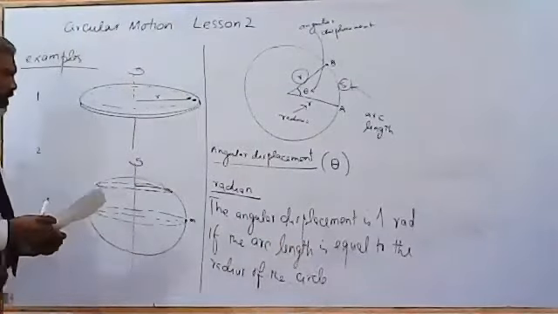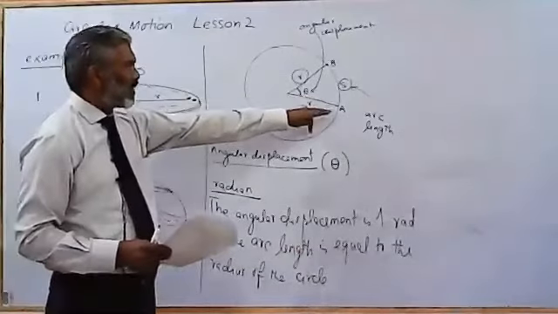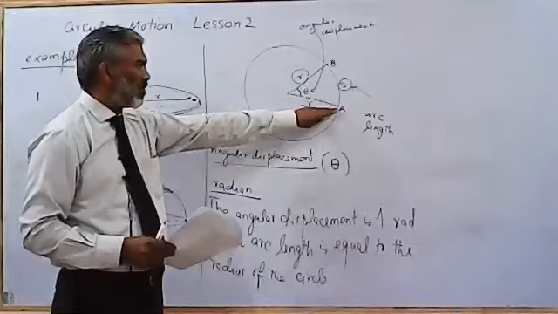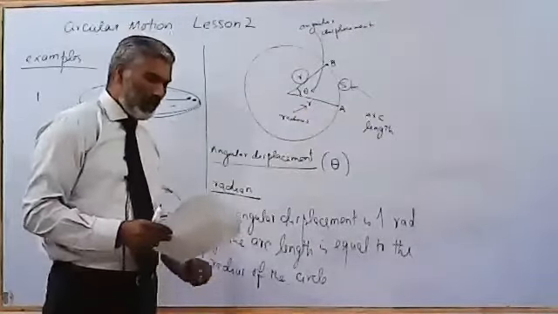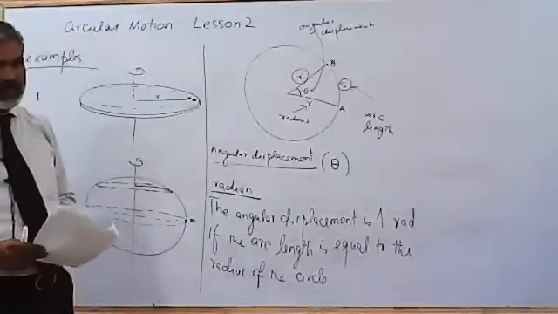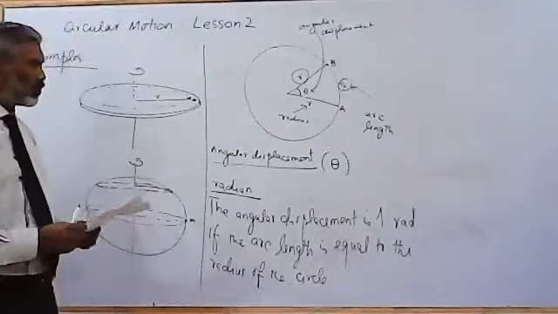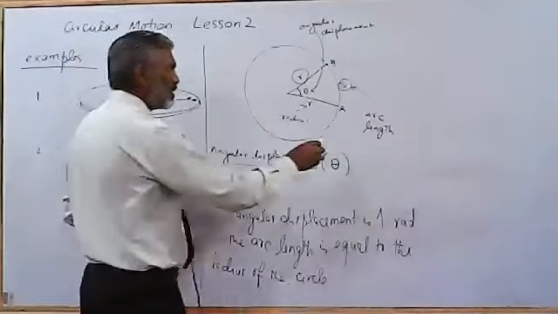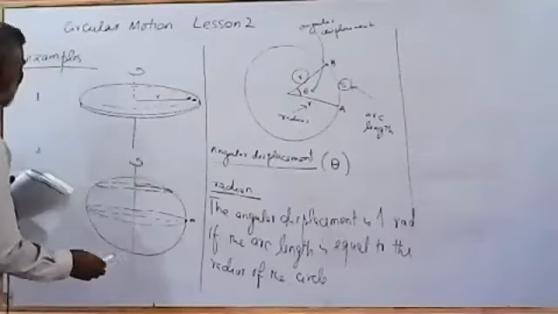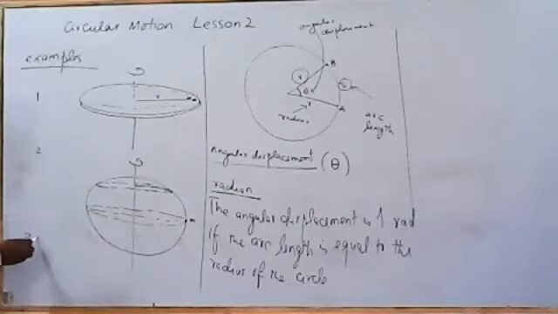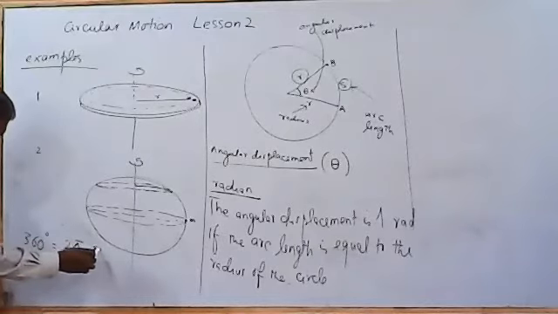And one thing that I discussed yesterday was that if an object starts from this position A and comes back to the same position A, it covers exactly 360 degrees, and 360 degrees is equal to 2 pi radians. 360 degrees is equal to 2 pi radians.